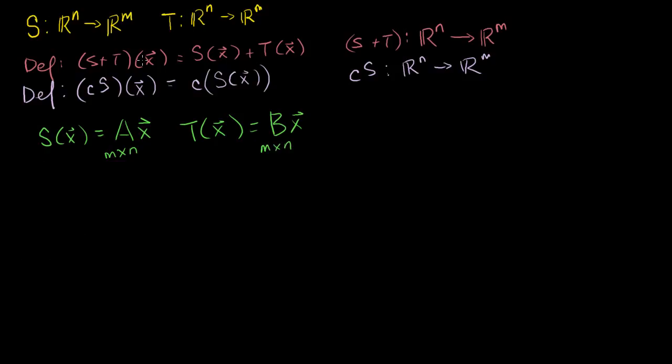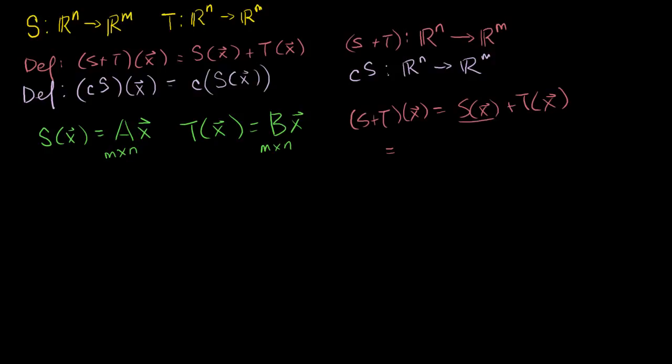Now, let's just go back to these definitions that I just constructed. What is S plus T of x? Let me write it in red. You have S plus T of x, I'm just rewriting this up here, is equal to S of x plus T of x, which we now know is equal to these two things.